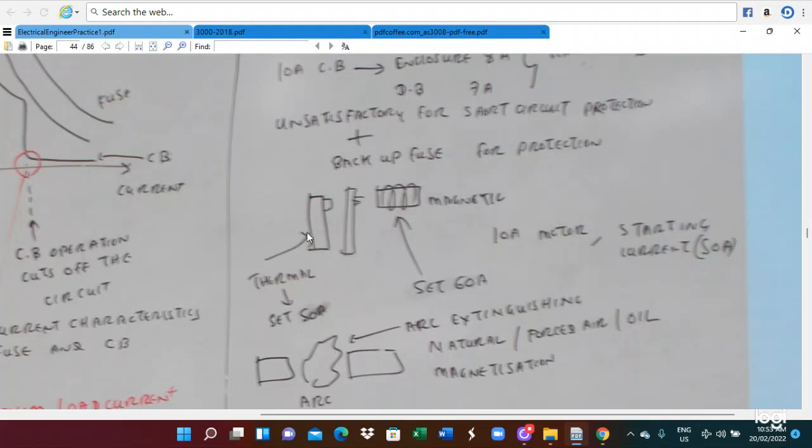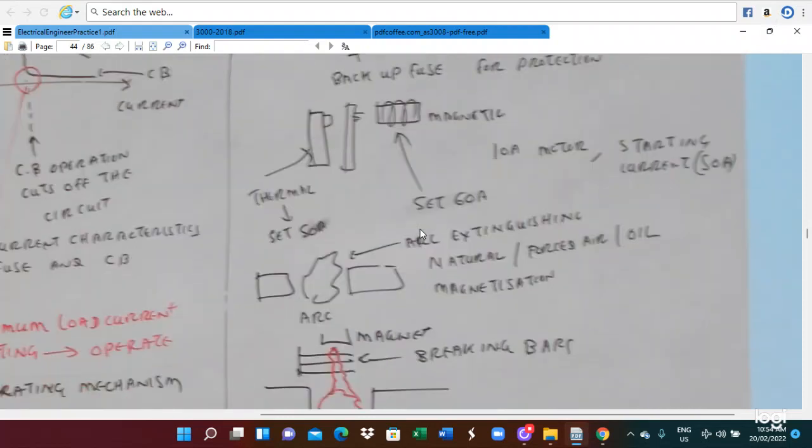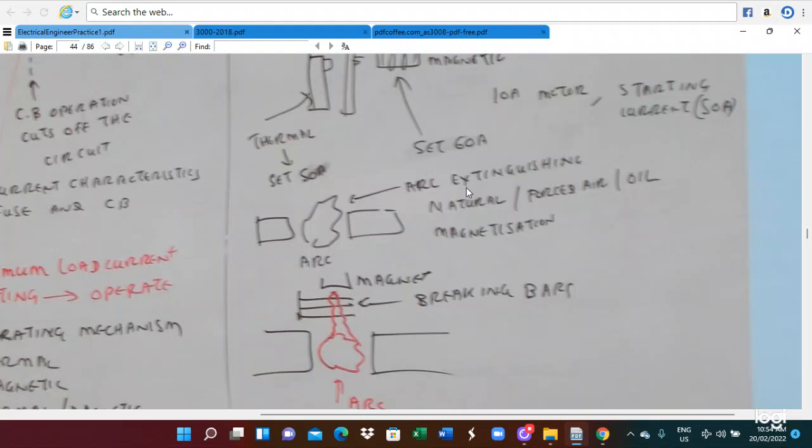For the thermal circuit breaker protection, when the electrical current reaches the predetermined value, it reaches a temperature and then trips off the circuit breaker. For the magnetic circuit breaker, the magnetization cuts off the circuit breaker contact. When the circuit breaker operates, it can cause an electric arc, and that electric arc needs to be extinguished.